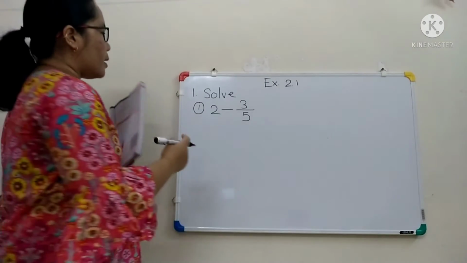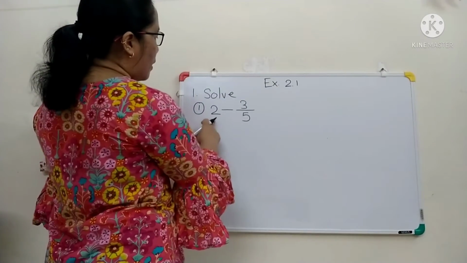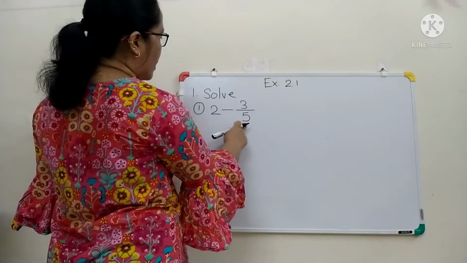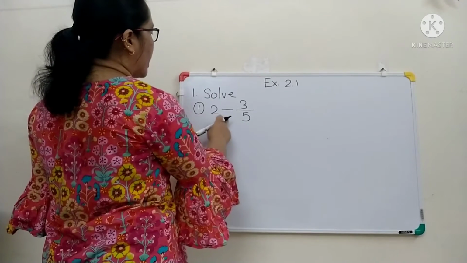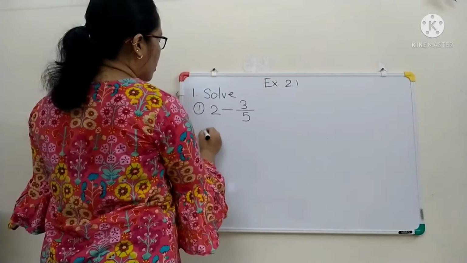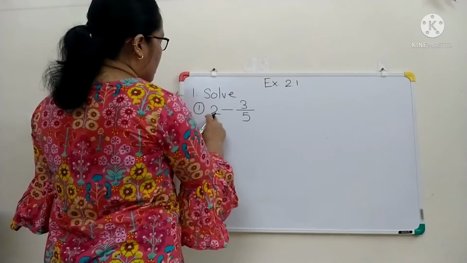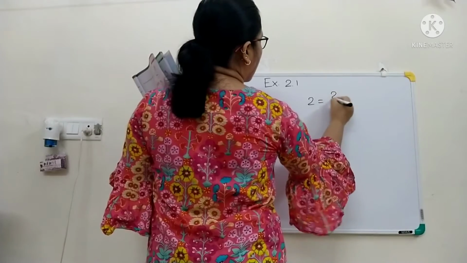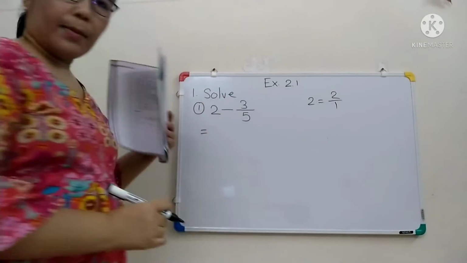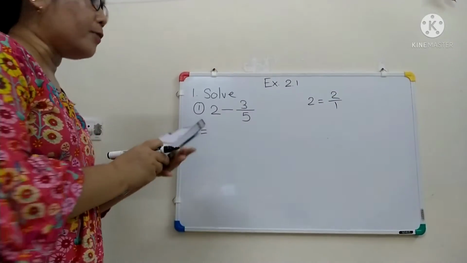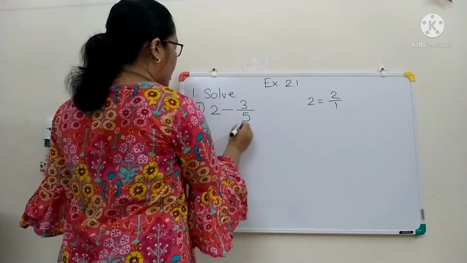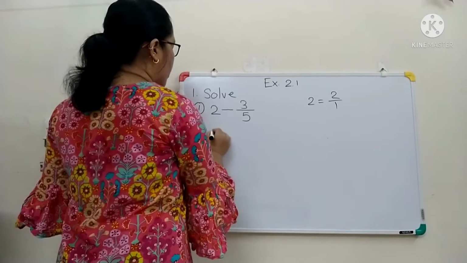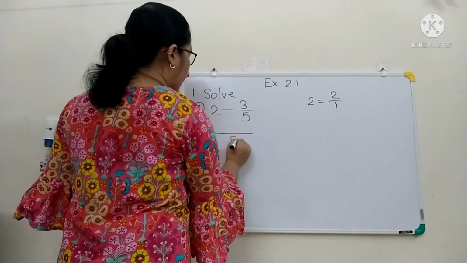Okay, so here 2 is a whole number and this is a fractional number, that is 2 minus 3 upon 5. So how will you do it? Since it is a whole number 2, we can write this 2 like this also. Both are the same, both represent the same value. And what will be the LCM of these two? That will be 5.